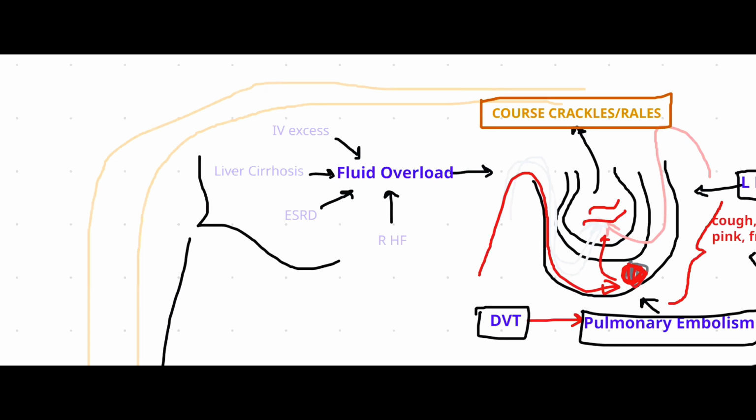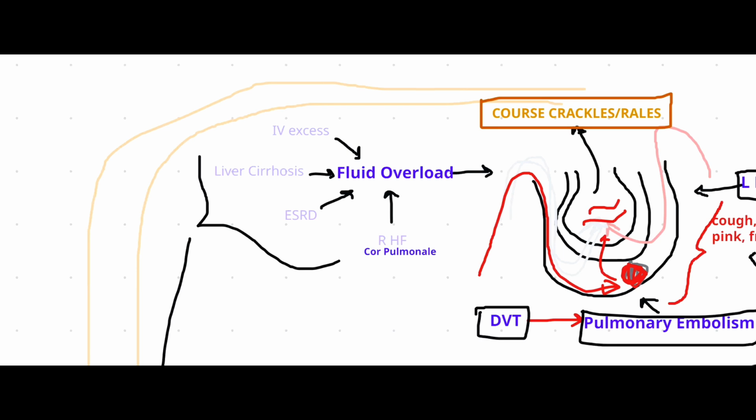Okay, so cor pulmonale means that there was a congestion in the respiratory system, and then it backed up to the right side of the heart. So obviously with that, there's already congestion, pulmonary edema of some sort in the respiratory system, and so it just kind of backs up to the right side.